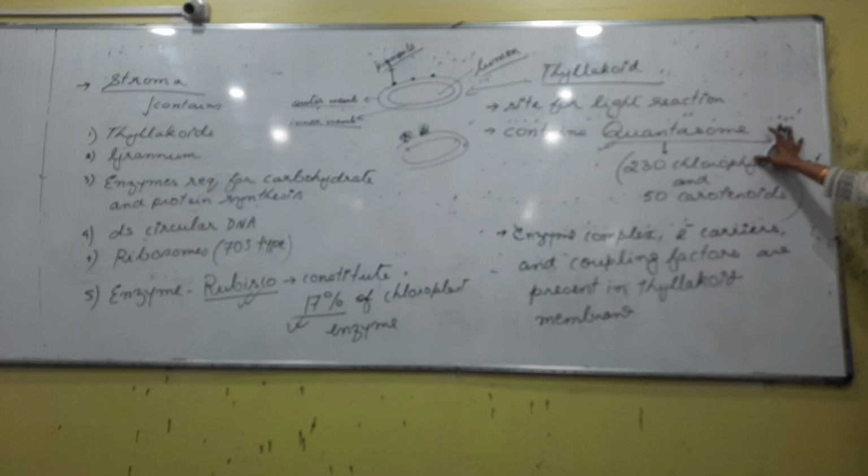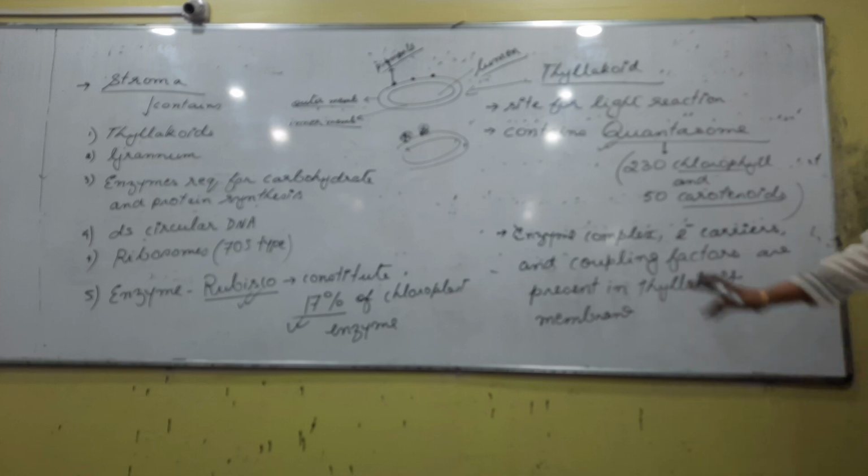If I say pigments are present in a group, the next point we have to know is what exactly is present in the group, or who forms the group. Chlorophyll will be there and carotenoids will be there, right? And specifically we need to know how many chlorophyll and how many carotenoids: 230 chlorophyll molecules and 50 carotenoids. Again, if you talk about chlorophyll, it is not only chlorophyll A that is present, there are 10 types of chlorophyll.